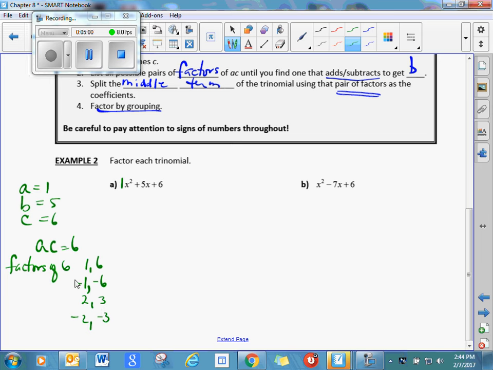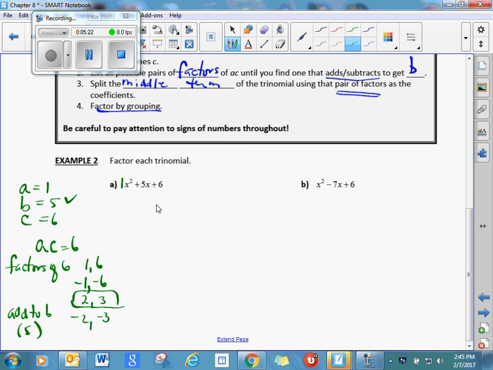So of these, which pair of those add to B, which is 5, this one right here. If you look, there's only one pair of these that when you add them together, you get positive 5, and that's this one right here.